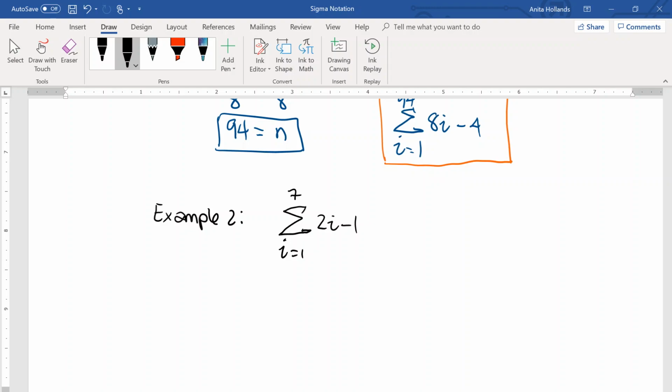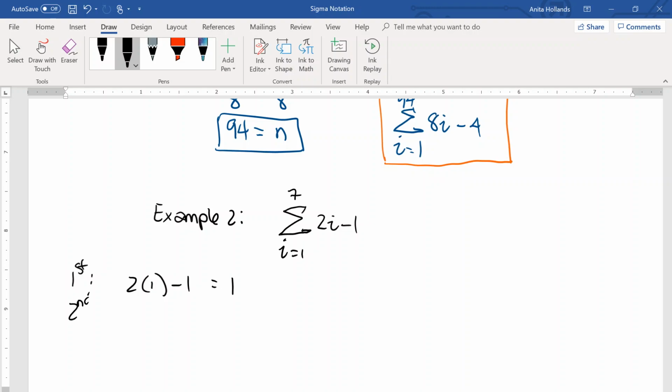So just a few terms. In the first one, we have 2 times 1 minus 1. So this is our first term. This is 2 minus 1, which is just 1.